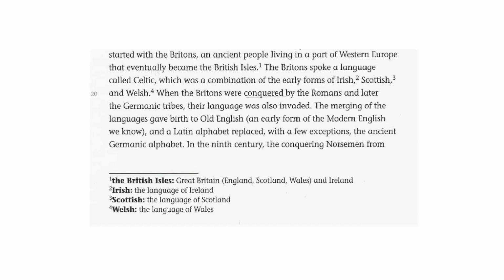The merging or mixing of the languages gave birth to Old English, an early form of the modern English we know. We could probably understand maybe 40% of it, and the other 60% would be like, ah. And then the Latin alphabet replaced, with a few exceptions, the ancient Germanic alphabet.